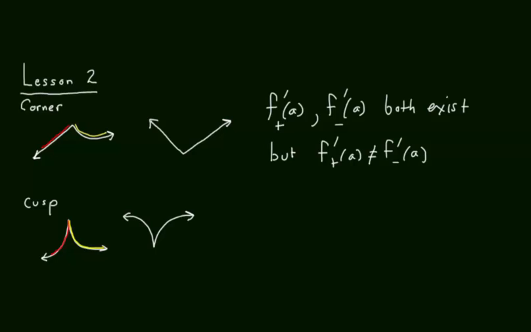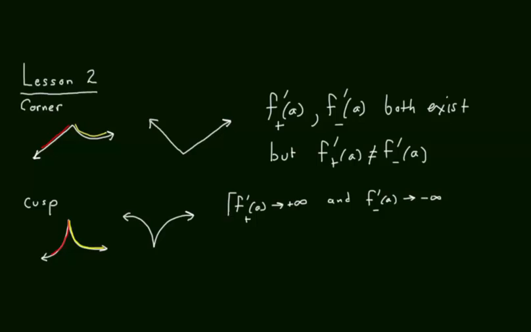So it's an extreme corner. So the criteria mathematically for this cusp is that f prime of a from the right approaches positive infinity, and at the same time f prime of a, as we approach from the left, is approaching negative infinity.